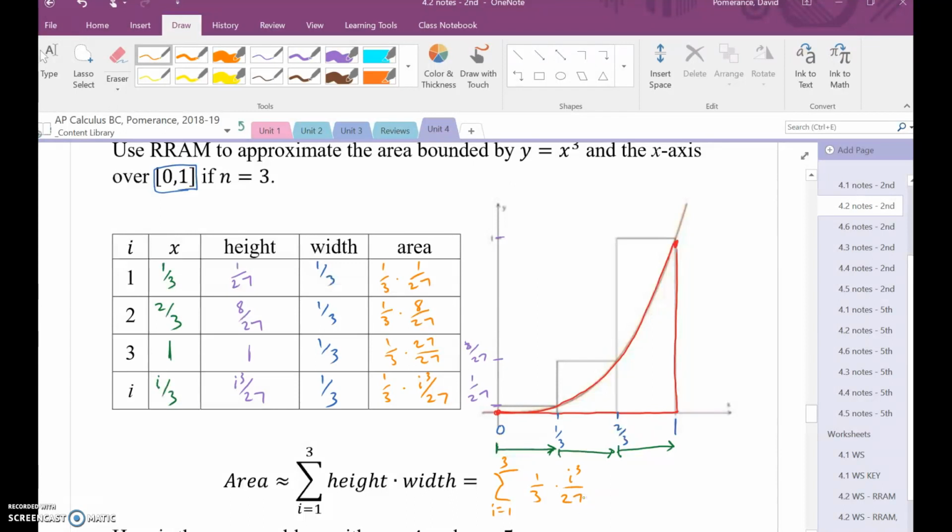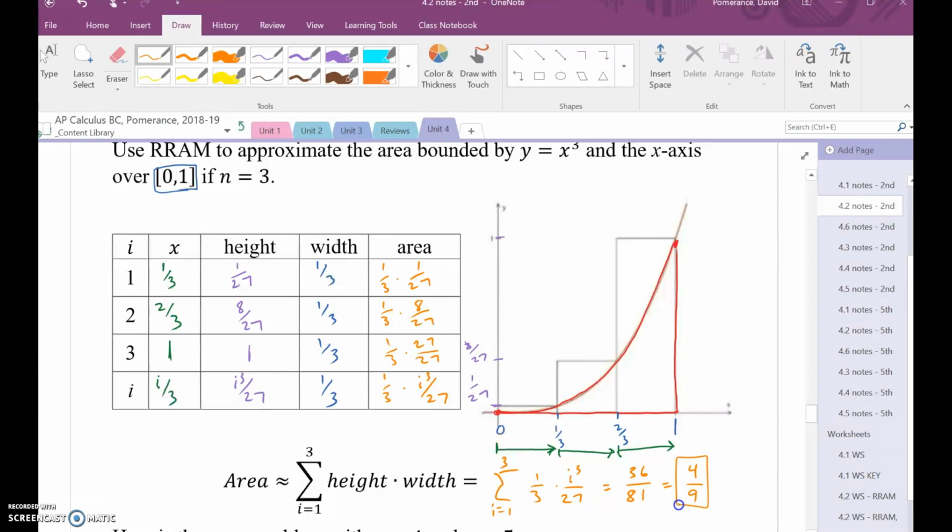And when we work that out, I could even just work this out by hand, because 1 plus 8 plus 27 is pretty easy. That's 36. So we've got 36/81, which, if we divide everything by 9, we get 4/9.